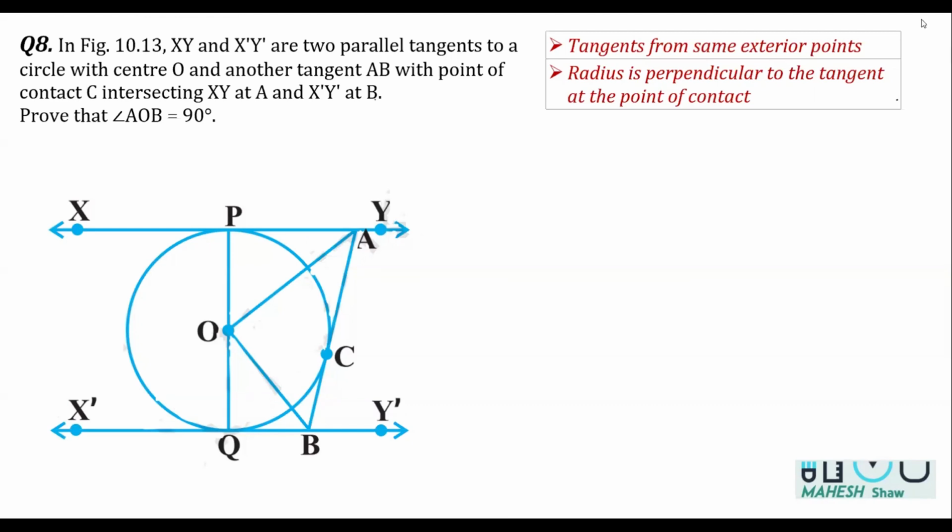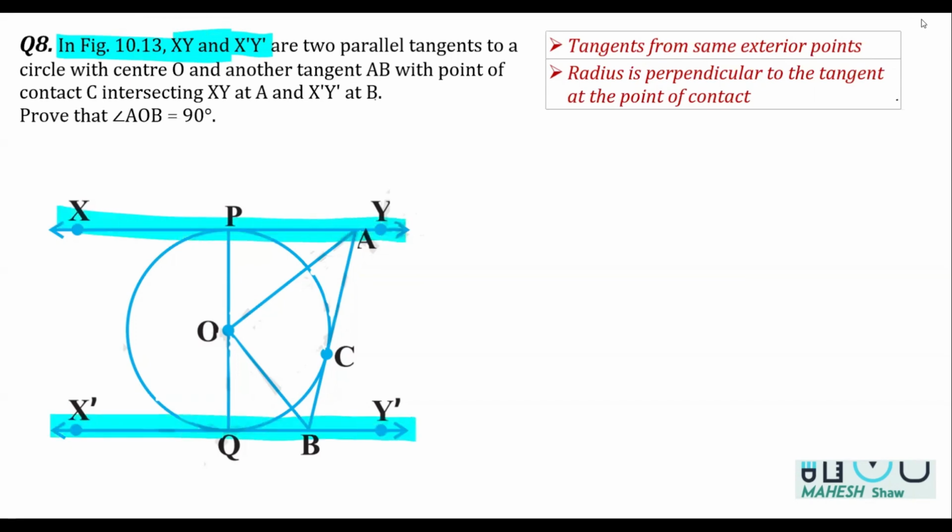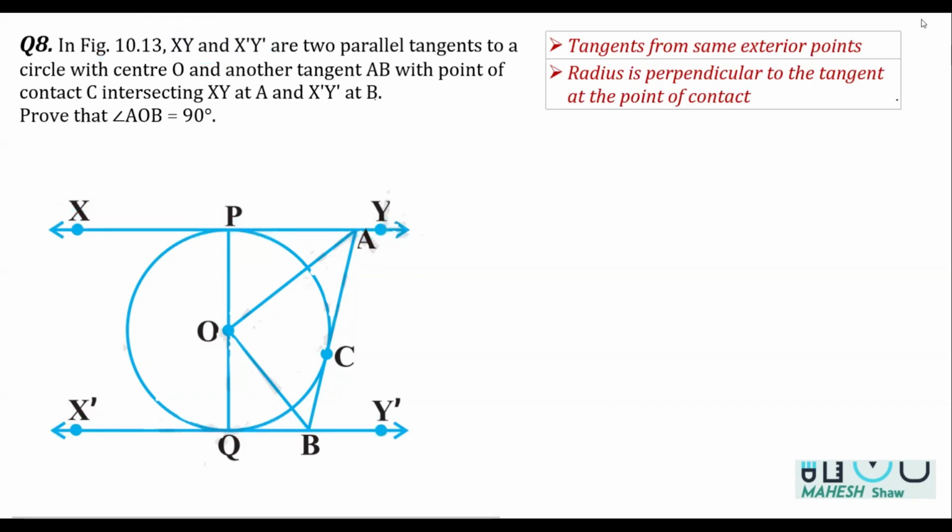Now, in question number 8, we are given a figure, as you can see, where XY, so this is XY, and X dash Y dash are two parallel tangents. Like these two are tangents, and they are parallel as well. And they are tangents to a circle whose center is O. Well, you can see AB is another tangent drawn, with C being the point of contact here.